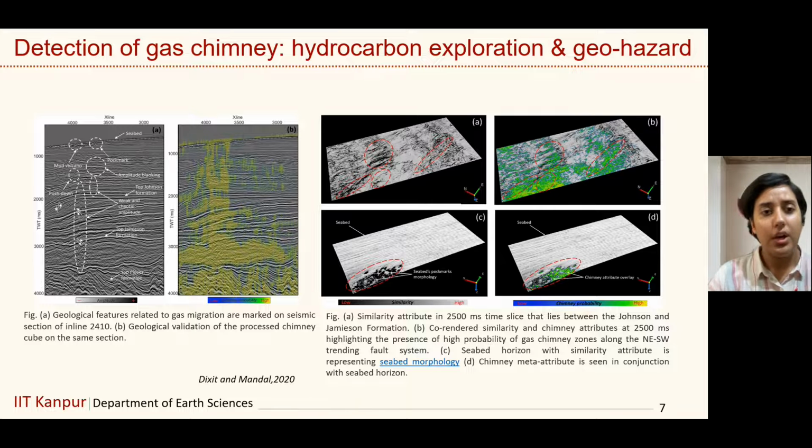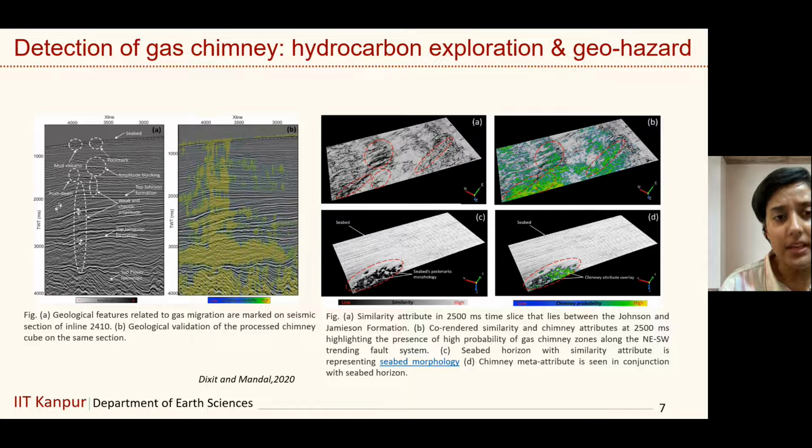In this first figure, this is an interpreted seismic section, where we can see there are mud volcanoes or pockmark features or amplitude blanking. I think few of you were not aware of these terminologies, but don't worry, these are just to give you a brief idea of how we can mark the geological structures or the geological features using the seismic section.